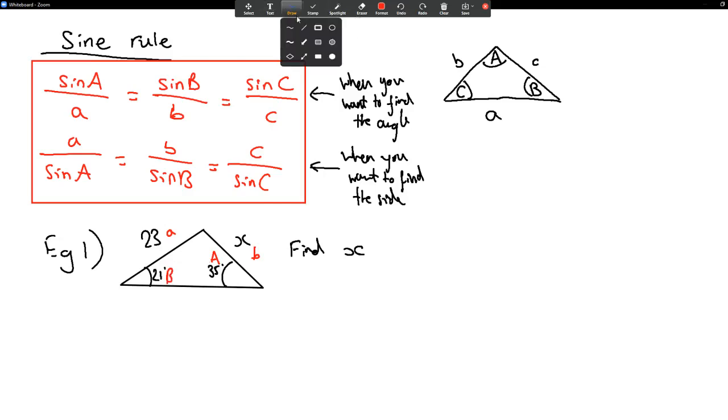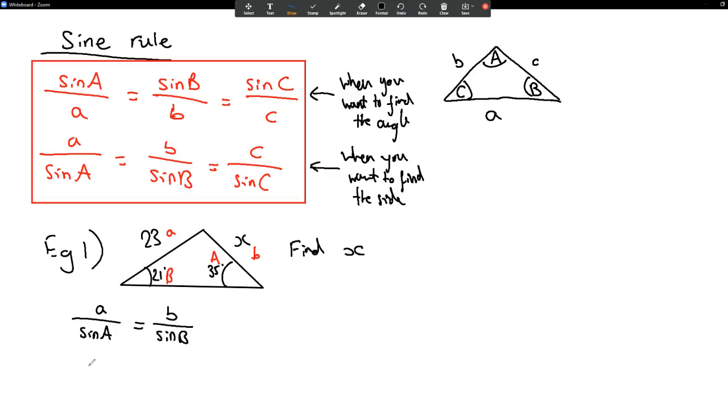Now because we're finding the sides, let's use this equation. So we put down a over sine A equals b over sine B. We don't need to put the c down because we don't care about this side or this angle. So now we can start filling in our values.